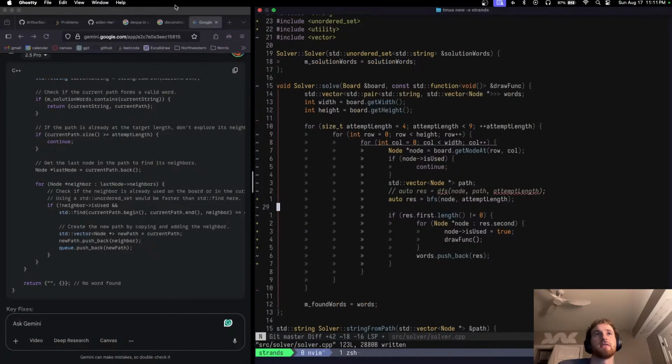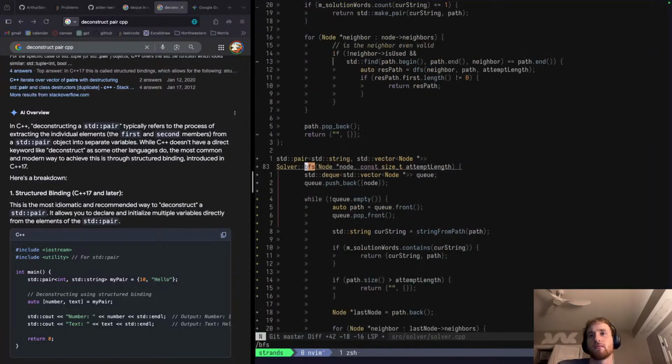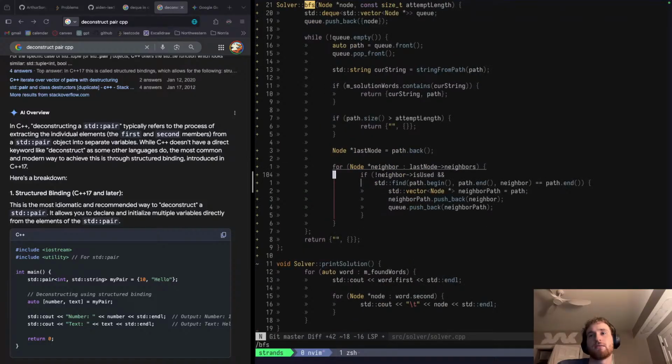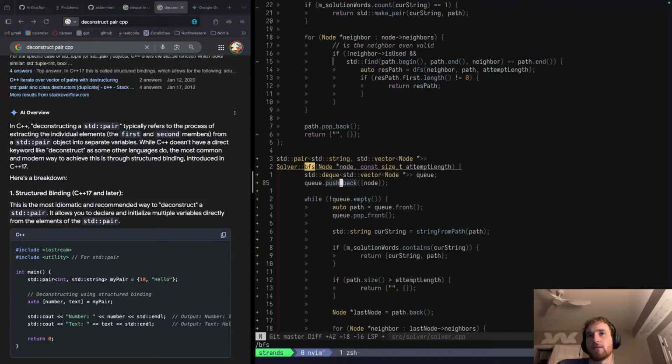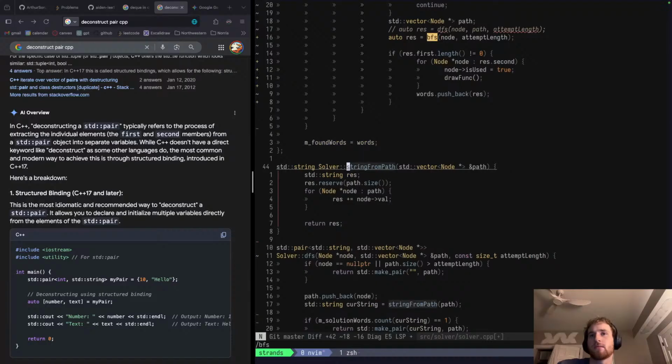So what if I try to implement the unordered set thing? It's saying if I store these as unordered set, let's just remake you.